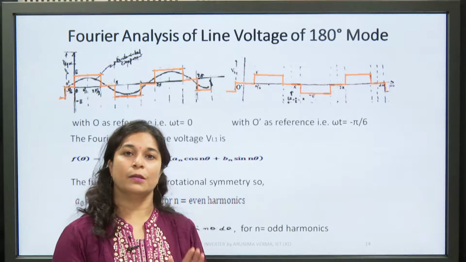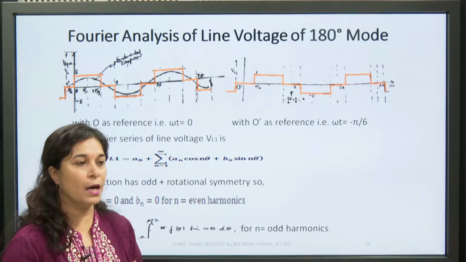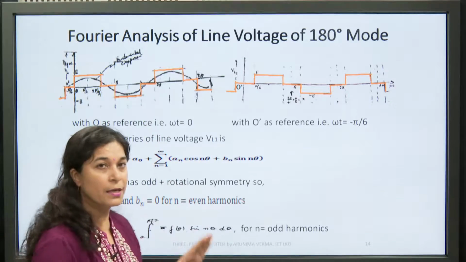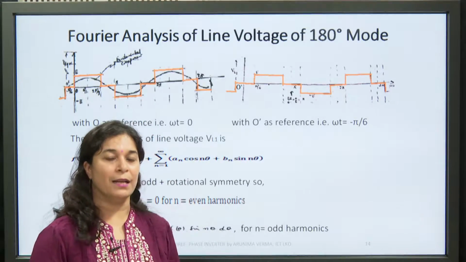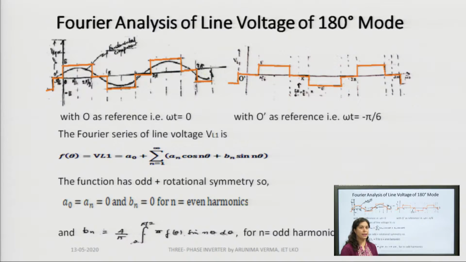That means it is not a pure sinusoid, it has certain ripples and harmonics present along with the fundamental, which are to be analyzed, because fundamental components are to be extracted from the harmonics, and then we can do further analysis of these modes of operation.